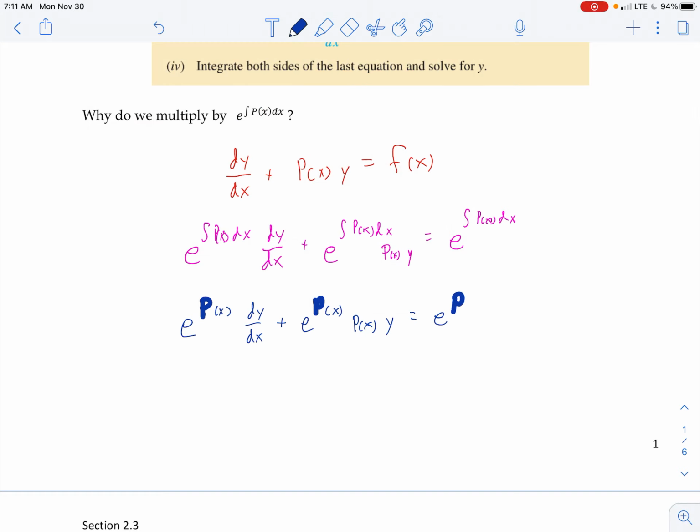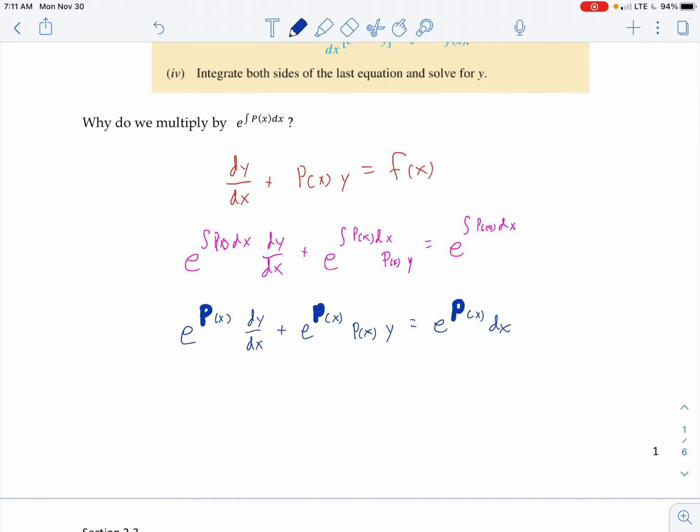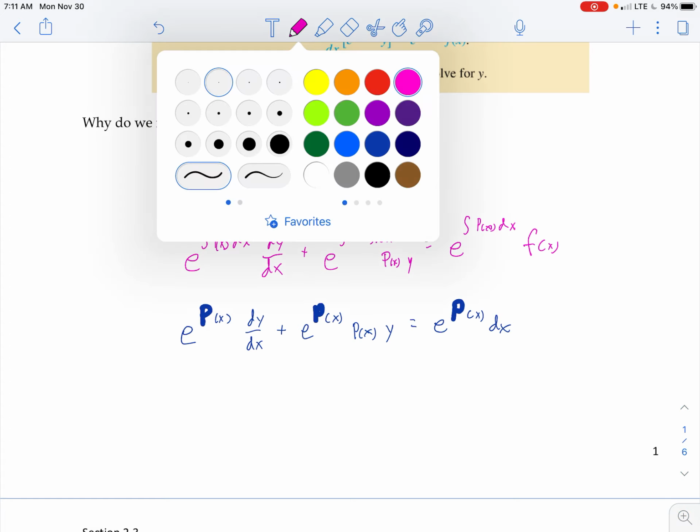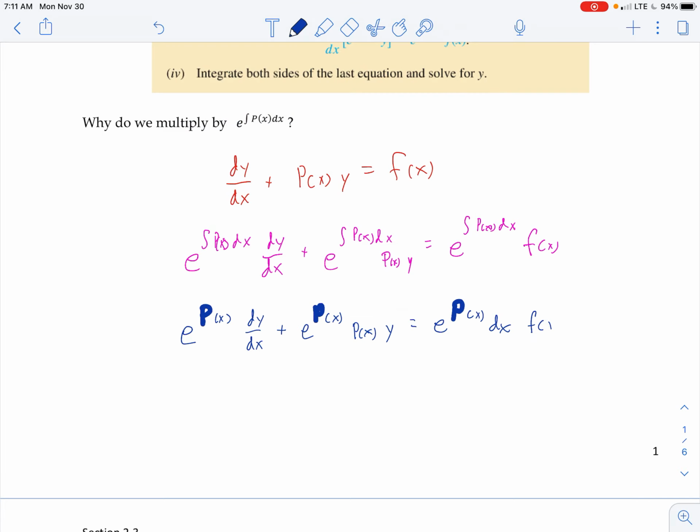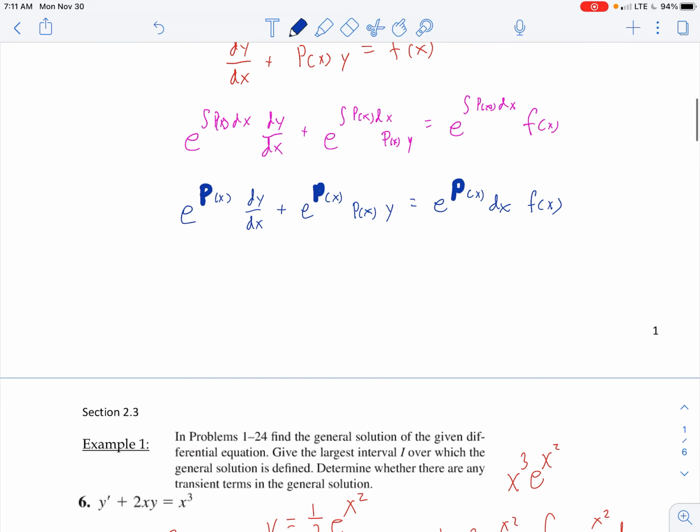We did the integration, and I realized I forgot to write the f of x there. Times f of x right there. On the left-hand side, what we have is the product rule.